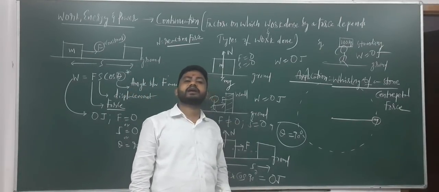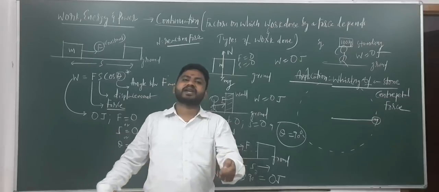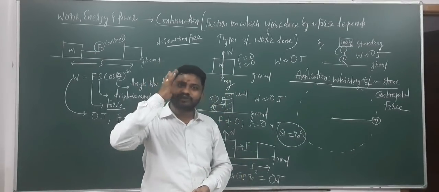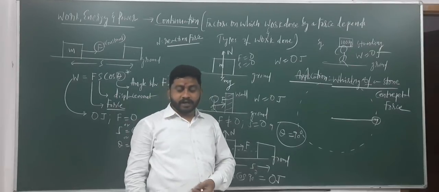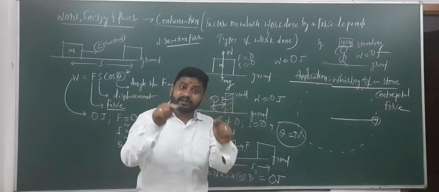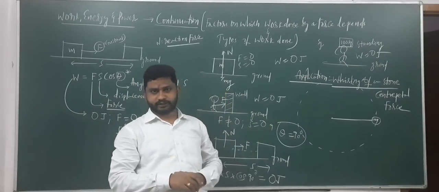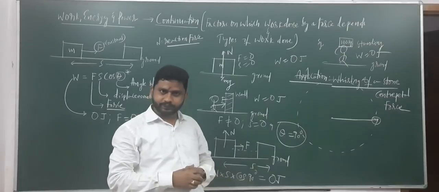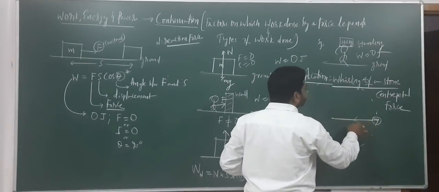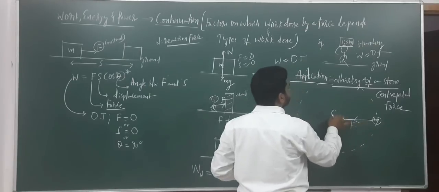For example, take a bicycle which is making a turn in a circular track. A centripetal force is necessary there. Imagine a planet revolving around the sun. A centripetal force is required there too. Look at here. That centripetal force is always acting towards the center of the circular path.